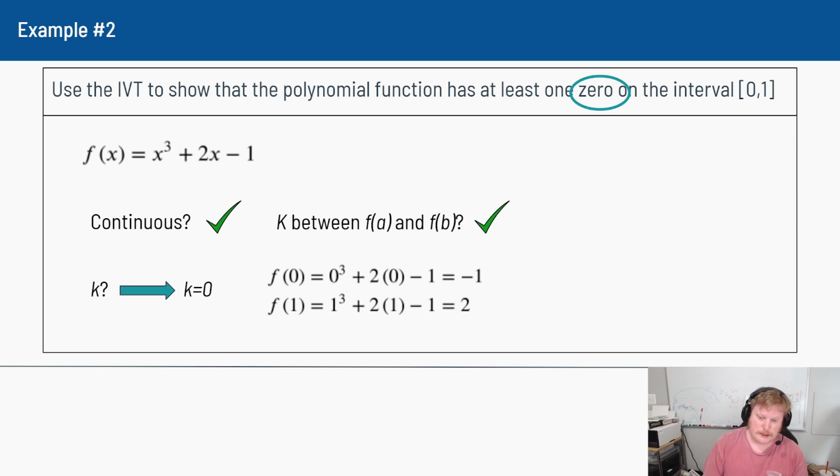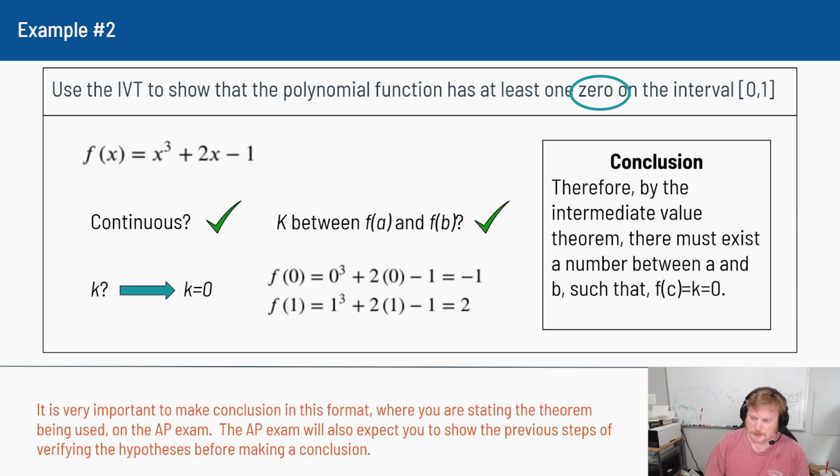So both conditions of the hypothesis of the intermediate value theorem are met, and therefore the conclusion can be made. That is, therefore, by the intermediate value theorem, there must exist a number between a and b such that f of c is equal to k, which is 0. Okay?